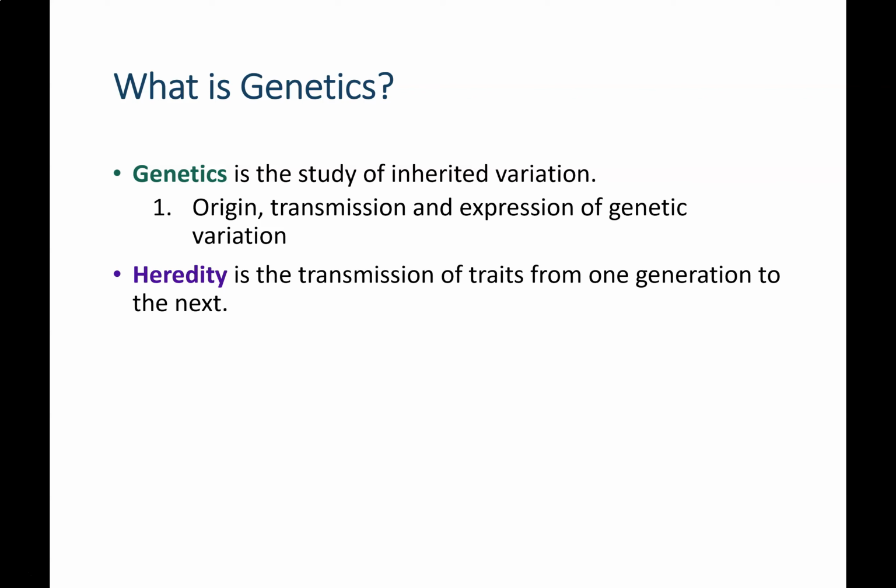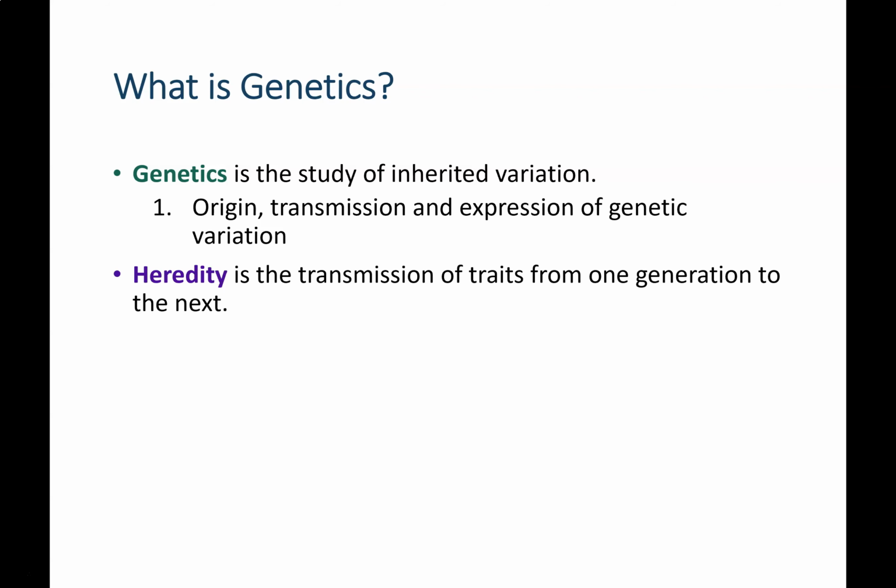This means that we are looking at some sort of molecule that is going to be passed on from one generation to the next. And sometimes it's an identical molecule, sometimes it's a little bit different, and we'll talk about how that happens.